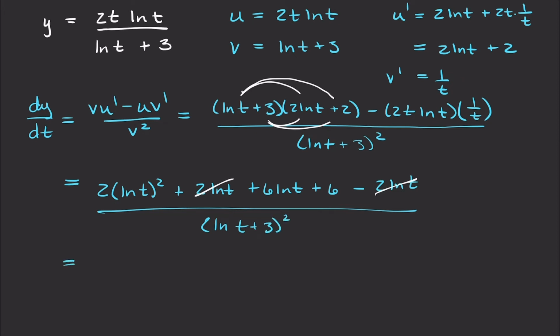And now if I want, I can factor out a 2 from each term on top. So I will get 2 times the natural log of t squared plus 3 ln of t plus 3 all over the natural log of t plus 3 squared.